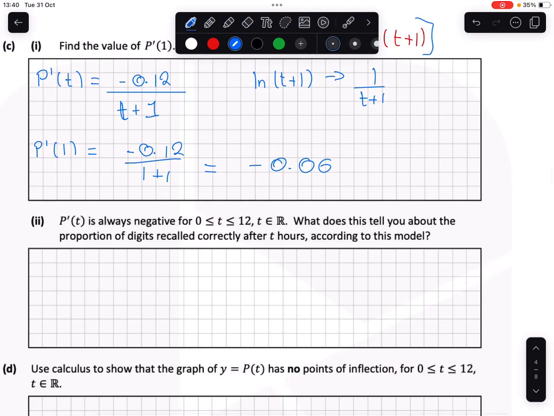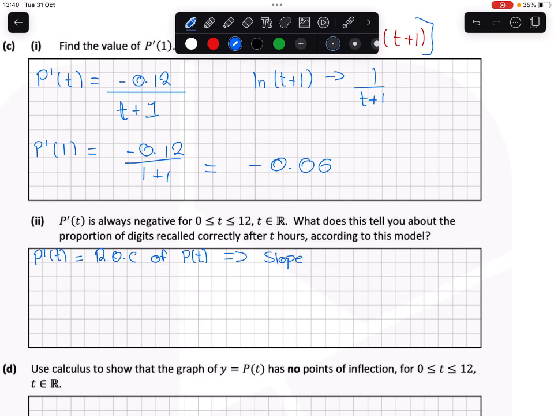p prime of t is always negative for values between 0 and 12, where t is a real number. What does this tell you about the proportion of digits recalled correctly after t hours? Well, what is p prime of t? It's going to be the rate of change of p of t. In other words, it's going to be equal to the slope.